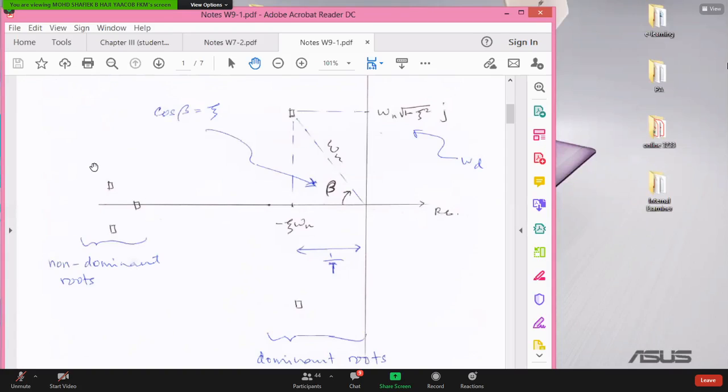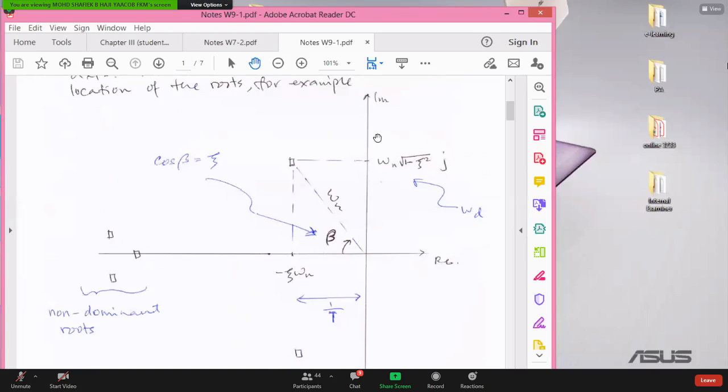The further away the roots from the imaginary axis, the roots become non-dominant. The time constant for this root becomes very, very small. So it's going to die out very quickly. So the behavior of the system is going to be dictated by the roots closer to the imaginary axis.